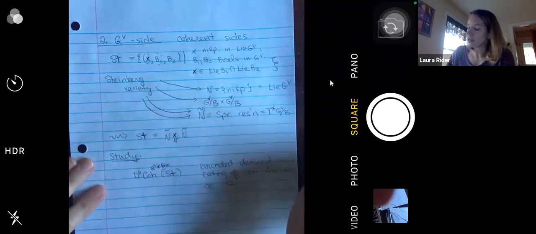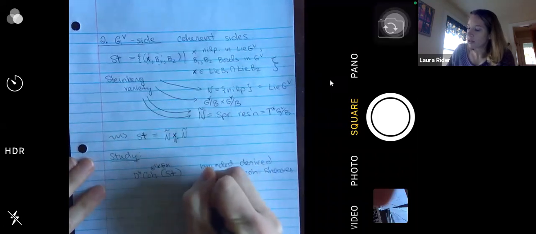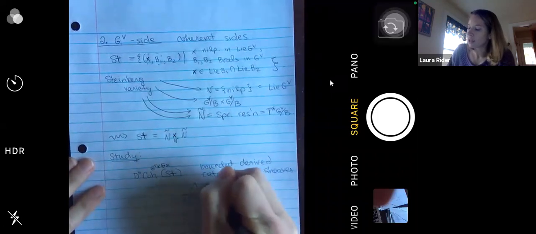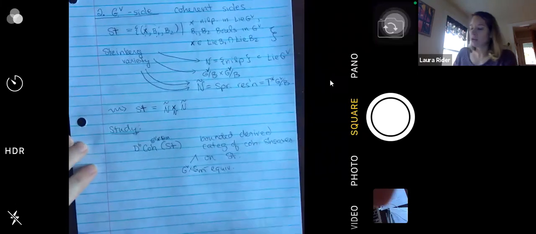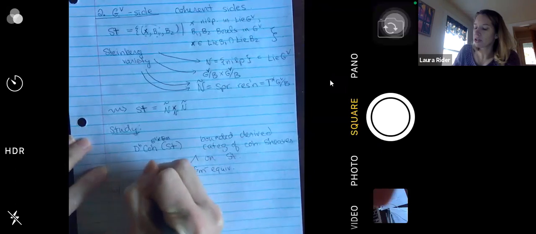And these are, I should put equivariant somewhere. G check cross G_m equivariant.